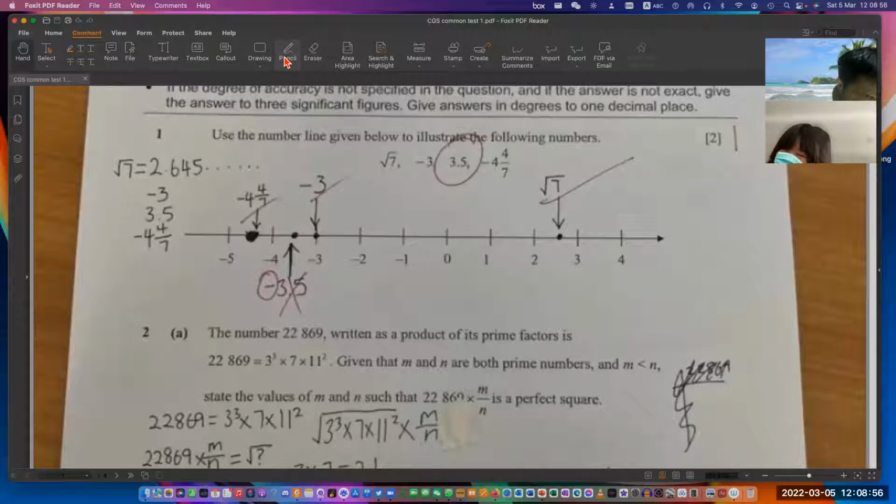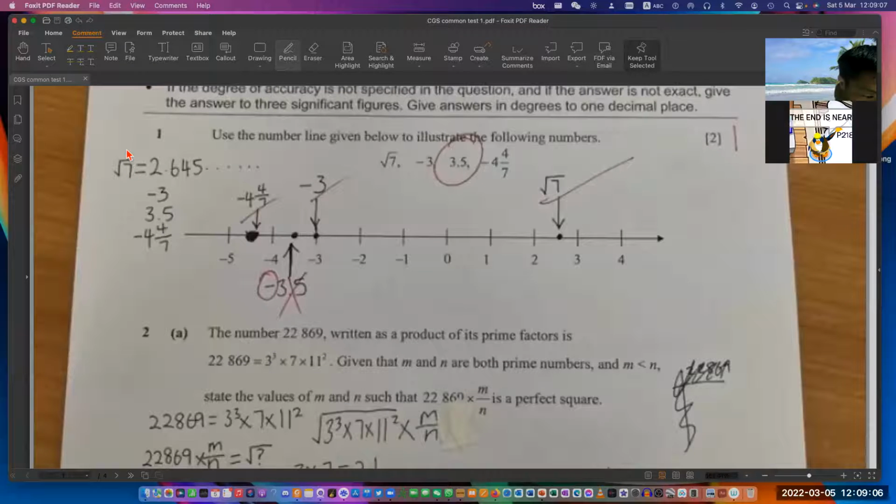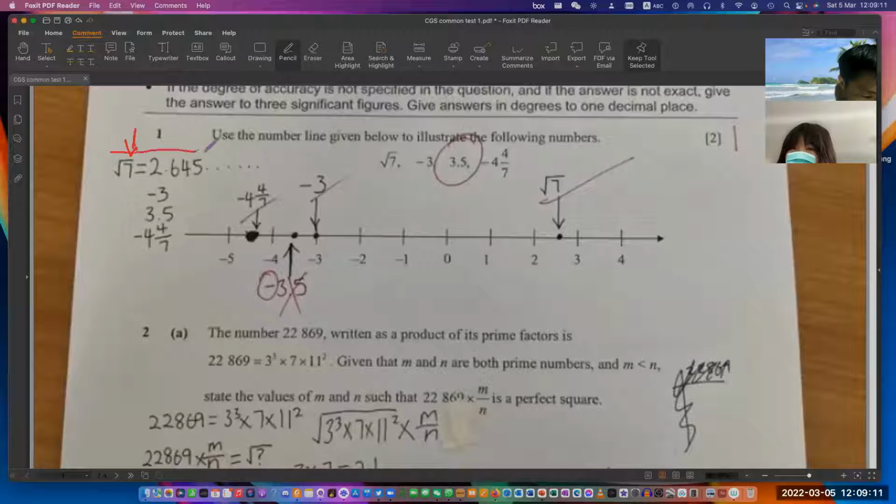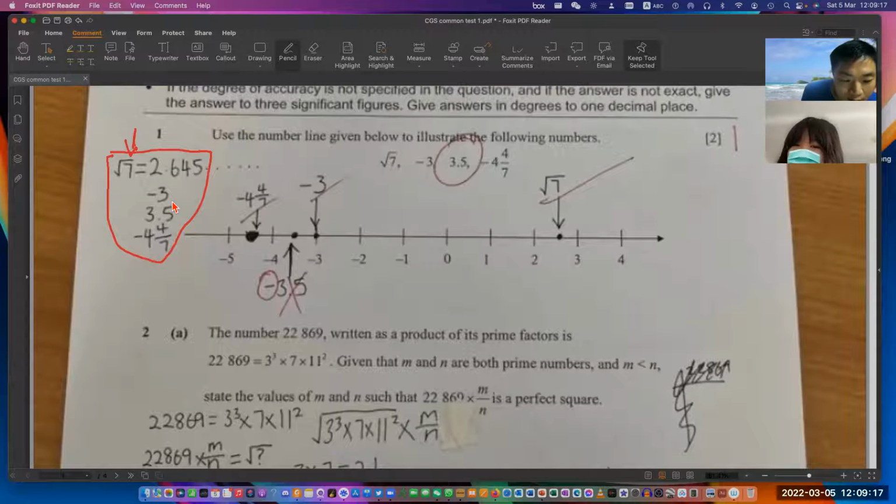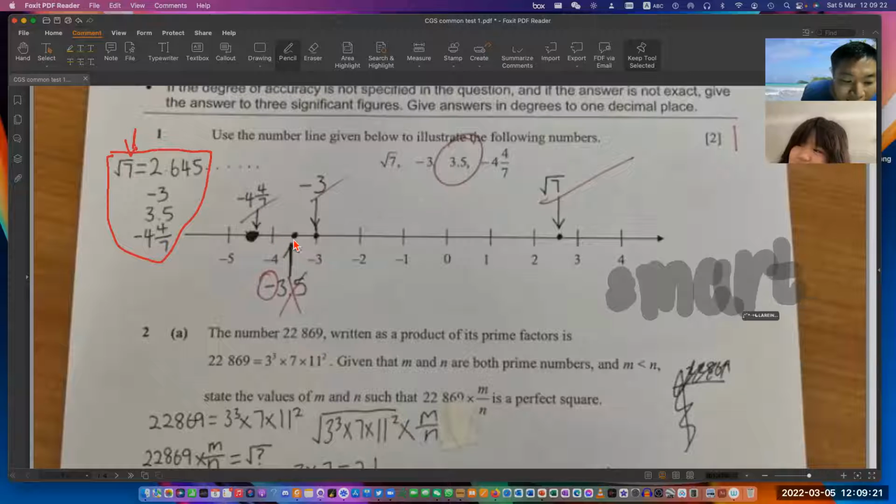Okay, one thing I want to commend or praise you for is this: you have written the number down here, so it's easier for you to rank them, or to just put it on the number line.